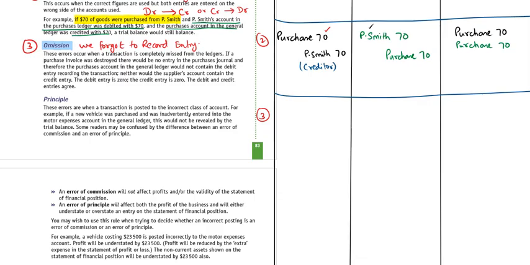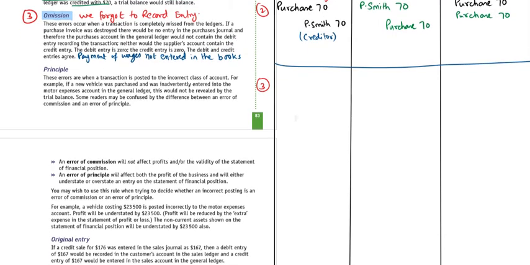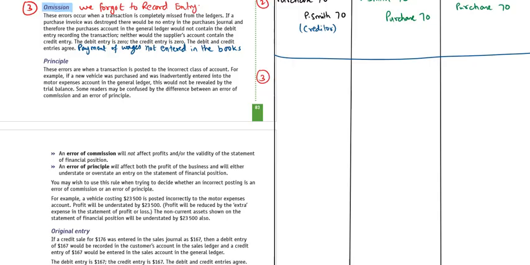Payment of wages not entered in the books. So it's very easy. If payment of wages was not entered, we will enter it again.